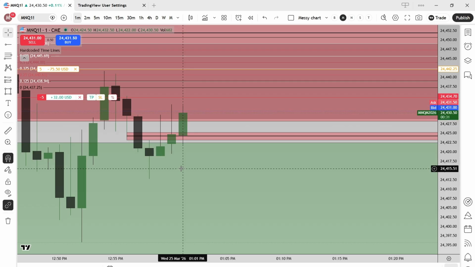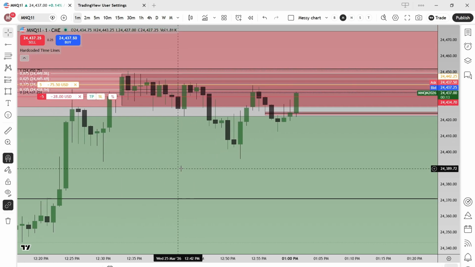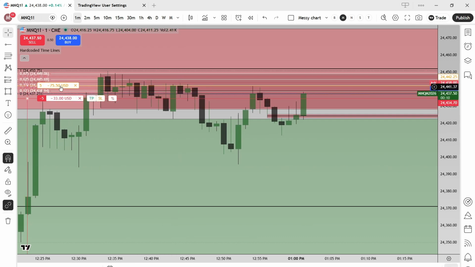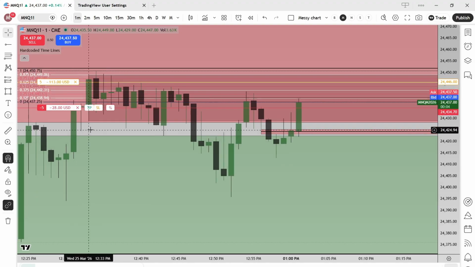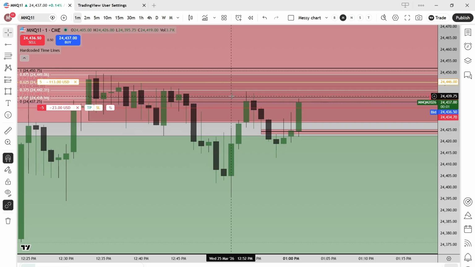We want to see this end up being a down close candle. I don't know if we'll get it. Might want to run out the short-term high. Let's move the stop above here. Run out this short-term high, hit the 50%, and then run.